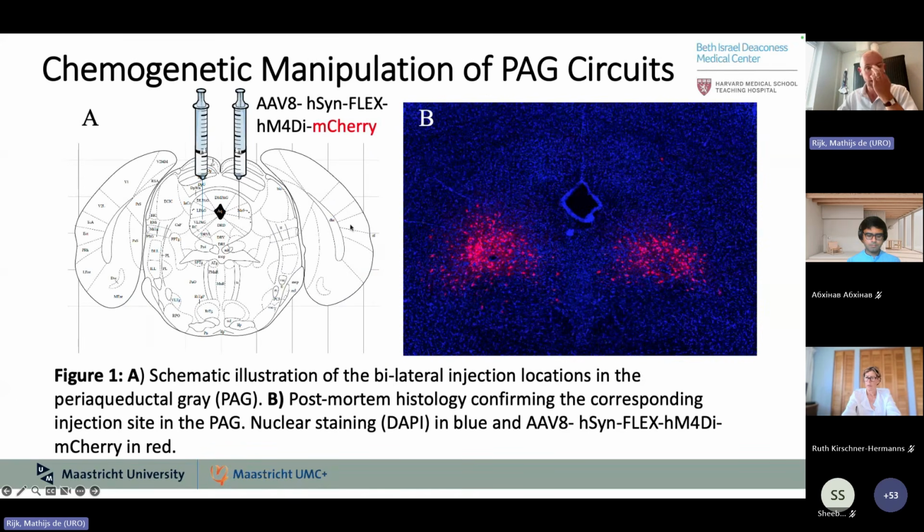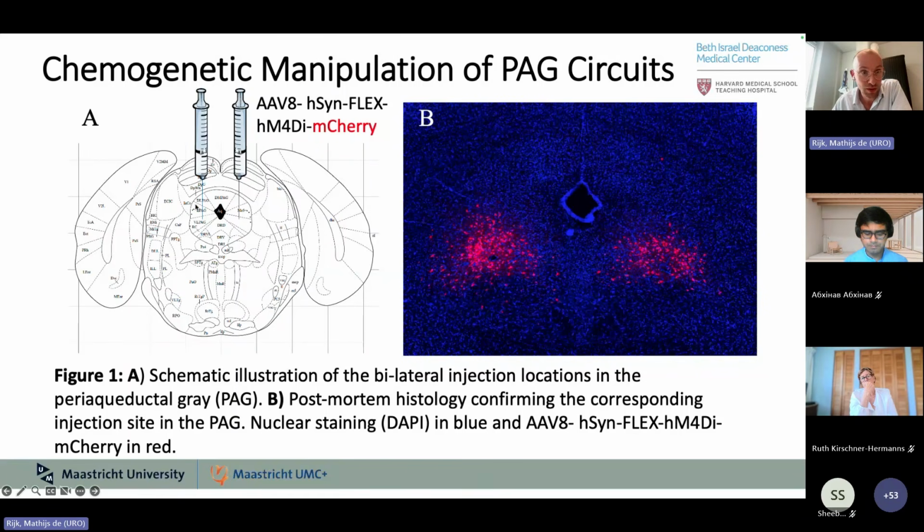We can do that using chemogenetics. We did DREADD injection, and DREADD is a chemogenetic method. DREADD stands for designer receptors exclusively activated by designer drugs. By using that in this specific mouse type, we can infect only the GABAergic cells within the ventrolateral PAG, or within the injection site.